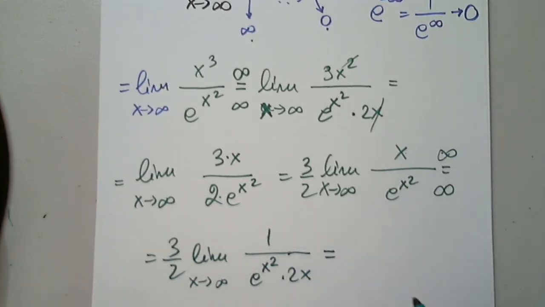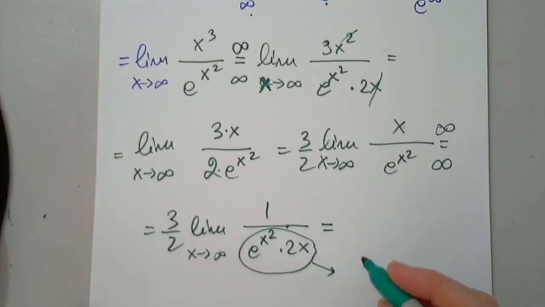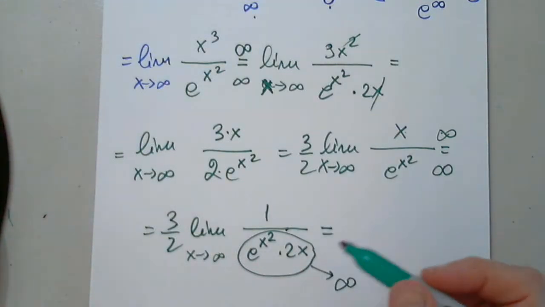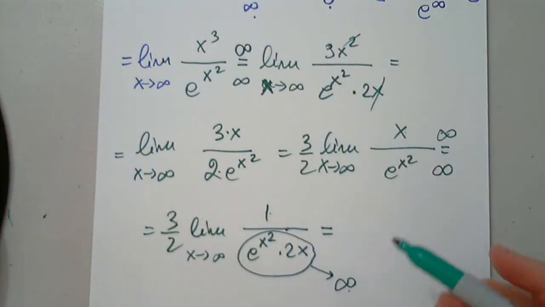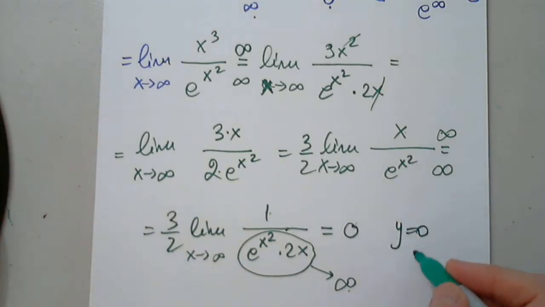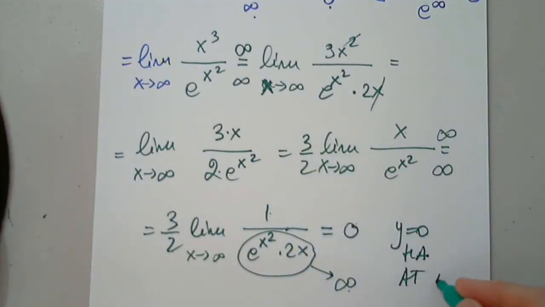And now, where is this going? Infinity. Very good. What is the answer? 3/2, 1 over infinity. Zero. Very good. Which means y equals 0 is a horizontal asymptote for this function at infinity.